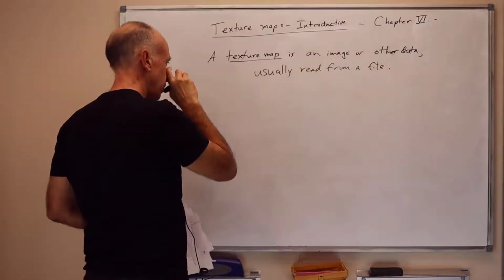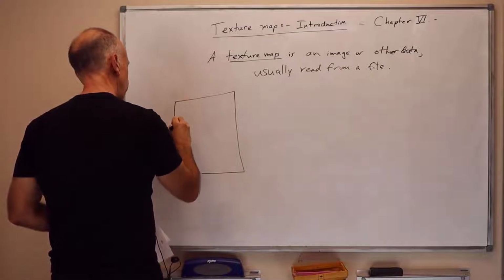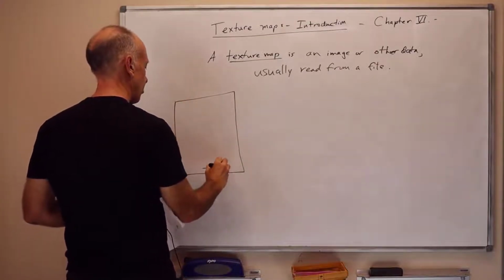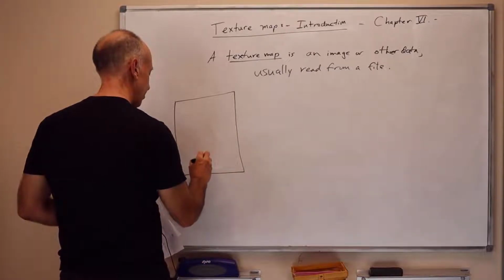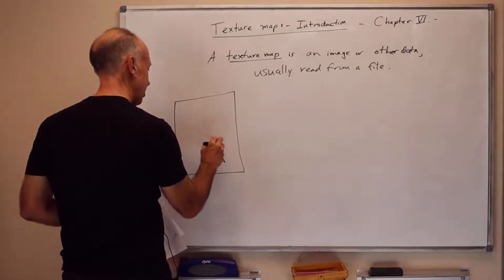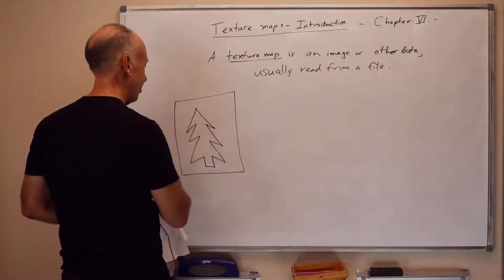And as a picture example of this, we might have an image, like a JPEG file, with a picture in it, say, of a Christmas tree. So here's a very stylized picture, Christmas tree. I'm not much of an artist.